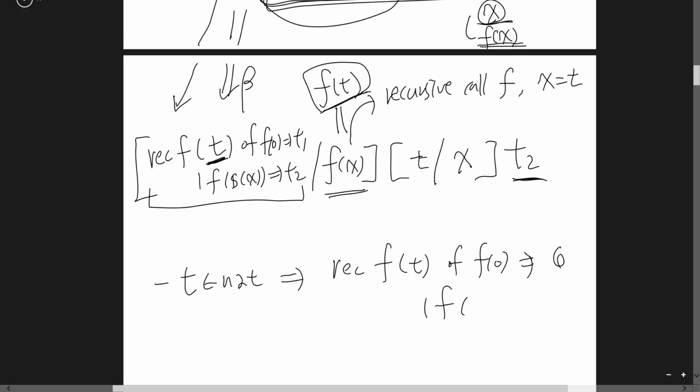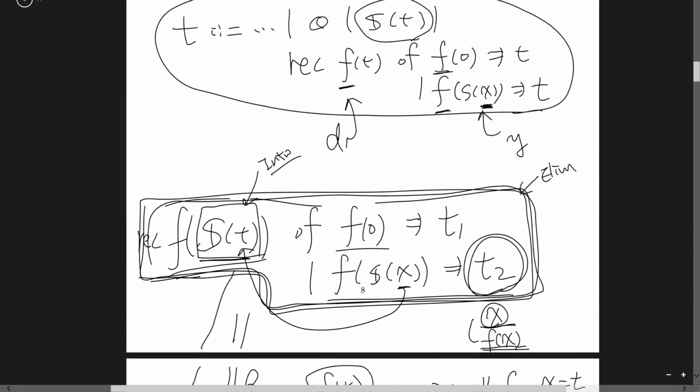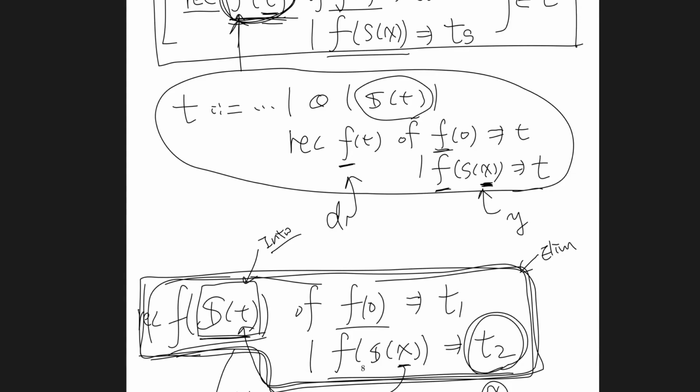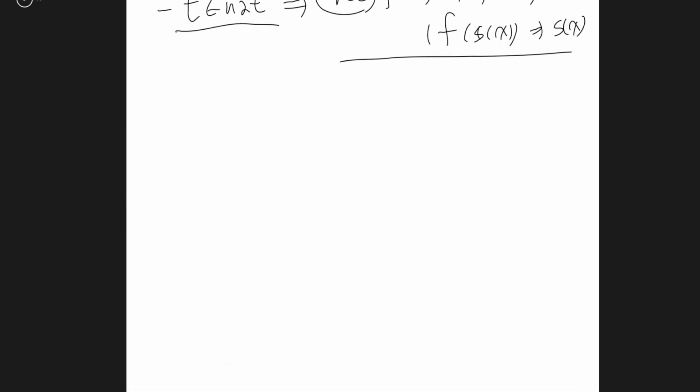And if this is successor of x, then we return successor of x. So in this particular case, this recursive construct does not actually make a recursive call. So this concludes the discussion of data type net.